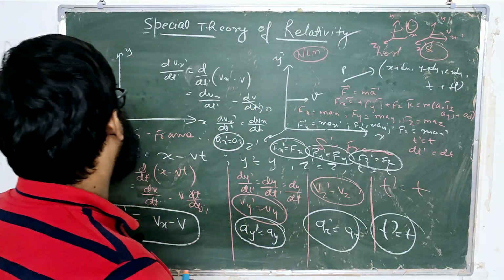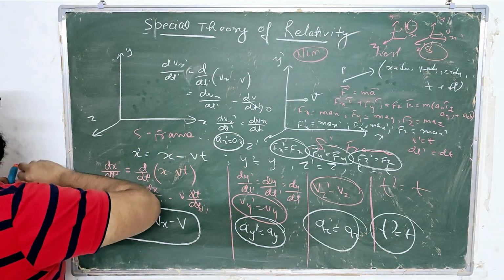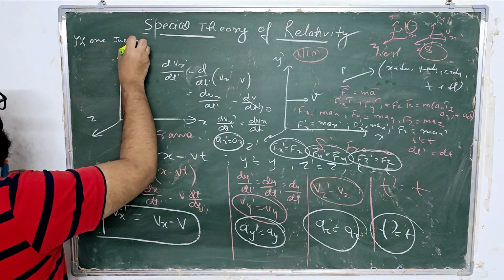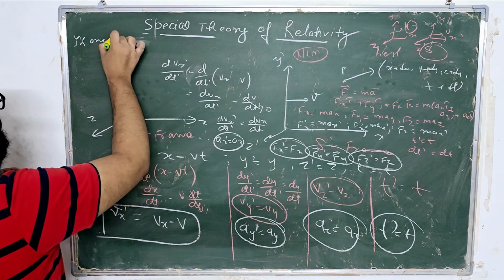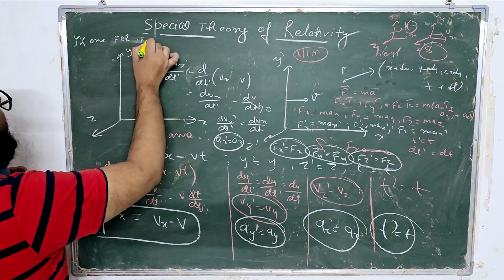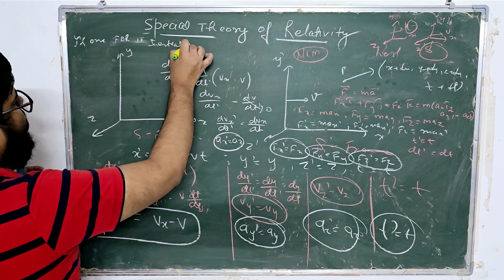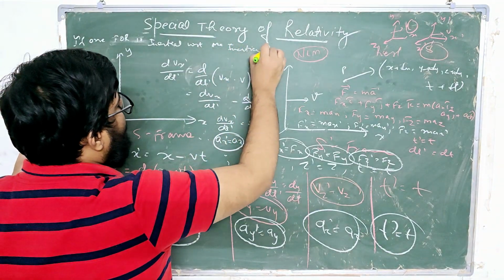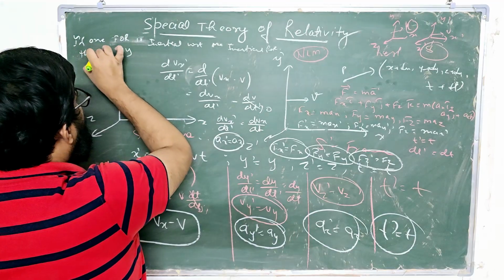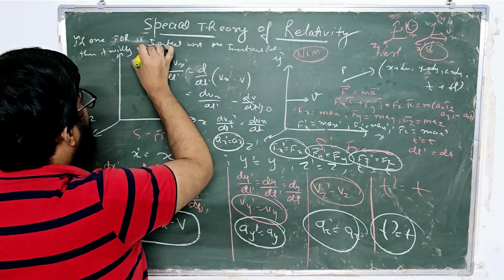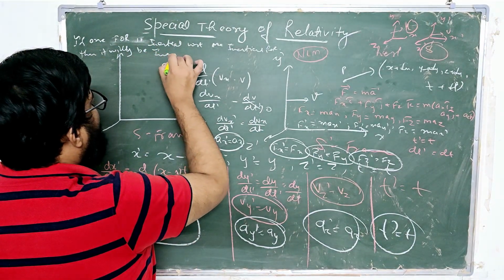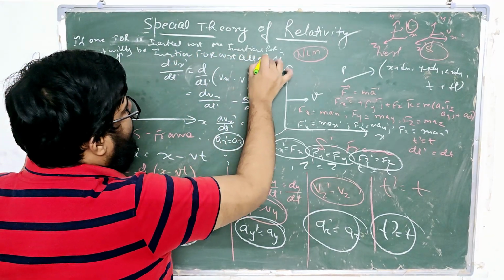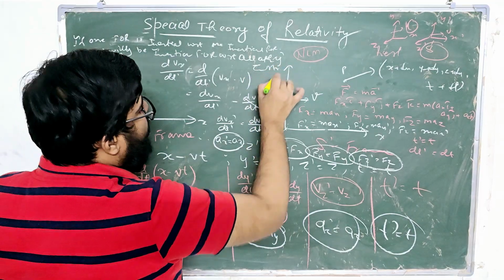So let me write this. If one frame of reference is inertial with respect to one inertial frame of reference, then it will be an inertial frame of reference with respect to all other inertial frames of reference.